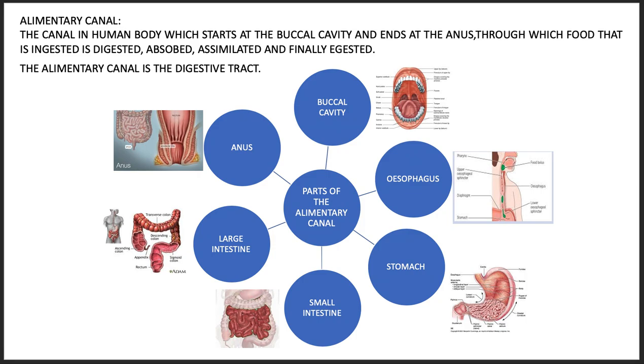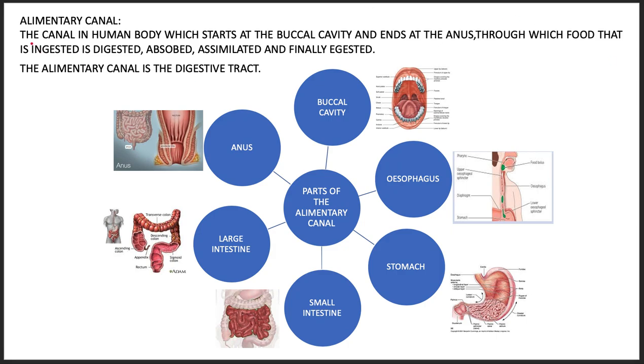Before I start off with the alimentary canal, let me talk to you about a canal. A canal is just like a pipe, a long pipe. So what is the alimentary canal?